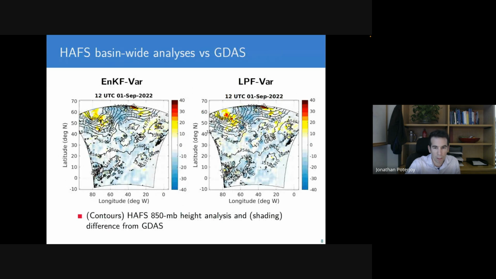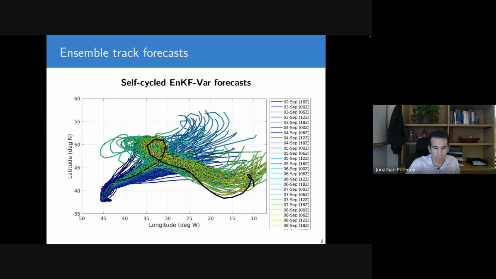One last thing I want to mention is we're starting to now look at ensemble forecasts for our self-contained workflow experiments, because one natural benefit of this workflow is it gives you a self-consistent way of generating ensemble predictions. We're running 10-member forecasts with the 6-2 grid spacing configuration that I showed you earlier.